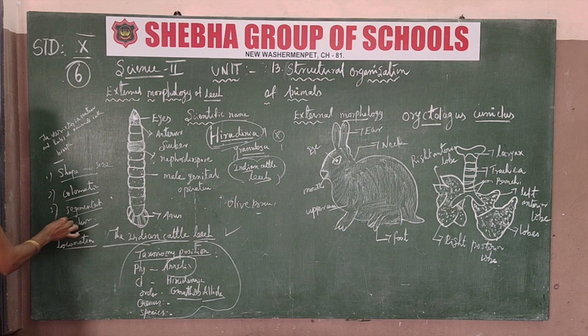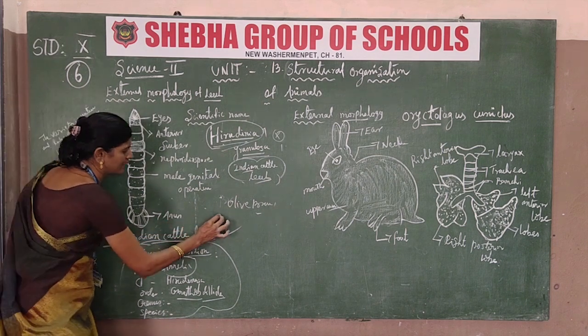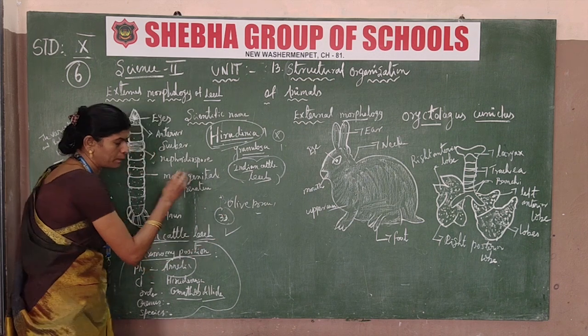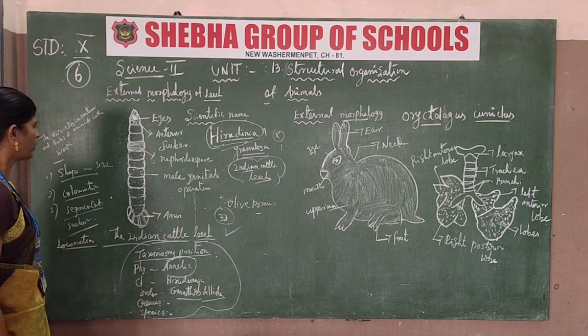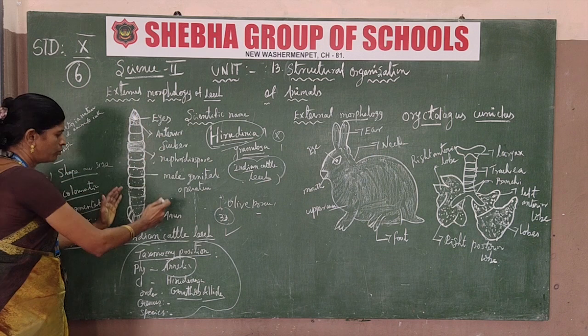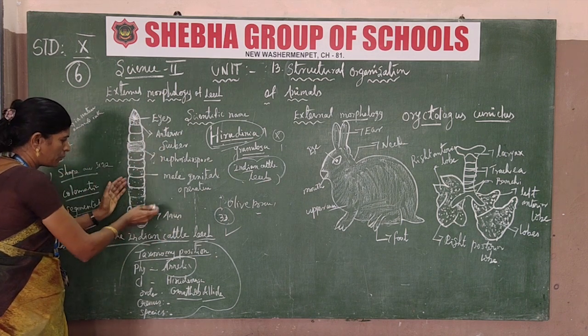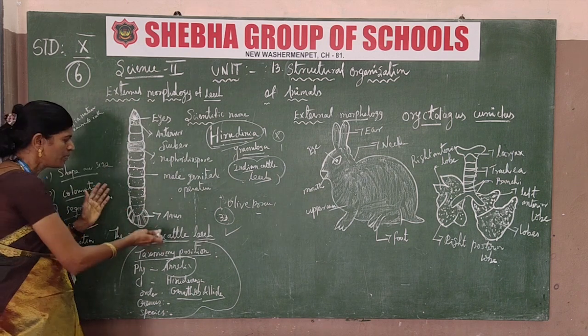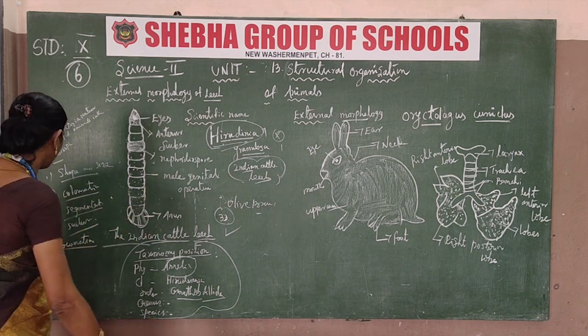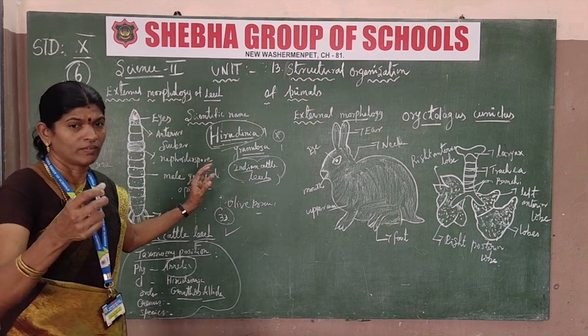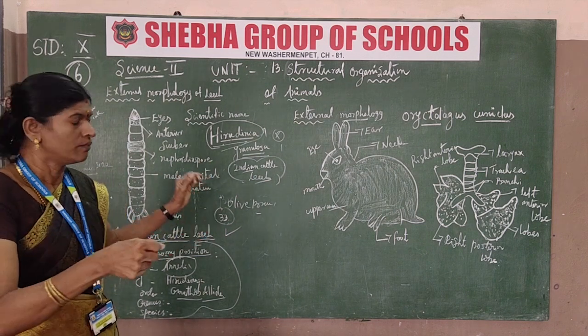Okay, next, segmentation. There are 33 segments in the leech. Anterior region, posterior region, and finally the anus region, where the excretory product is excreted. Okay, next, the sucker. What is the sucker? It sucks blood from the body.